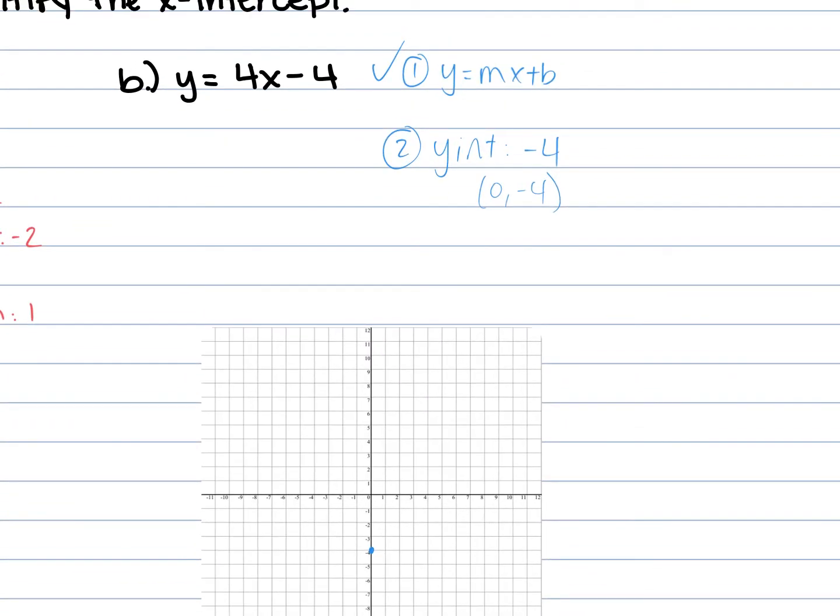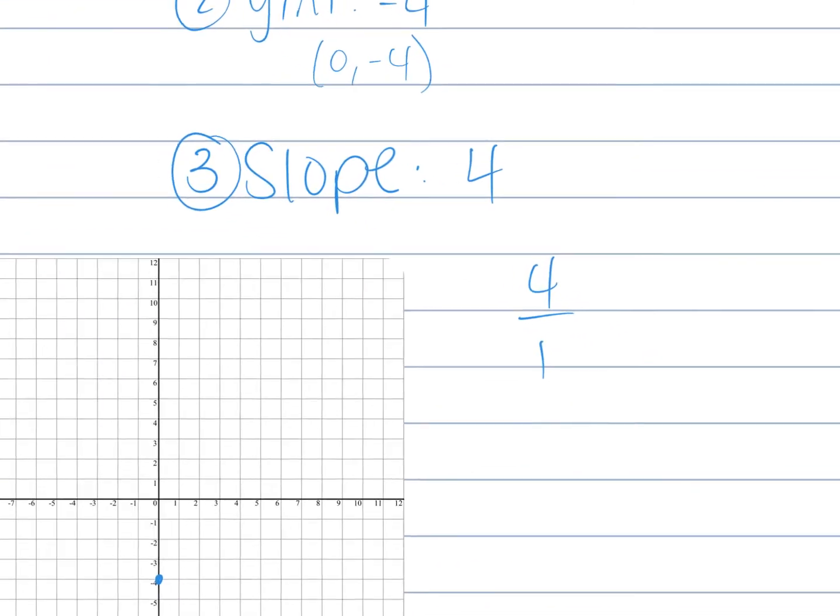So, after that, what was step number 3? Slope. What's the slope here? 4. Let's write it as a fraction. Alec, what is 4 written as a fraction? Good. You get it now? So, 4 over 1.